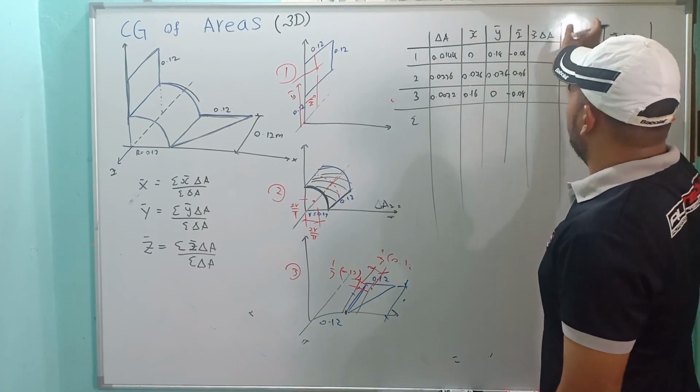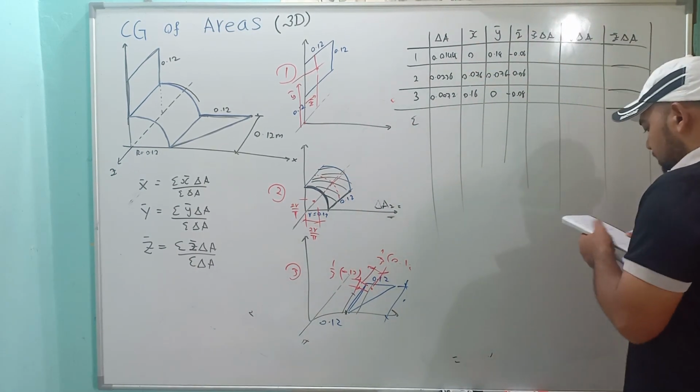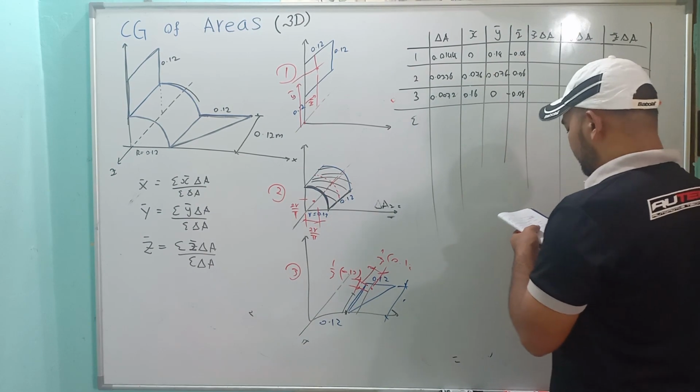So you multiply everything: A delta X, A delta Y, A delta Z, with X bar, Y bar, Z bar.